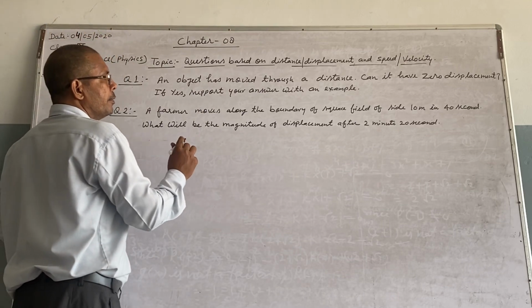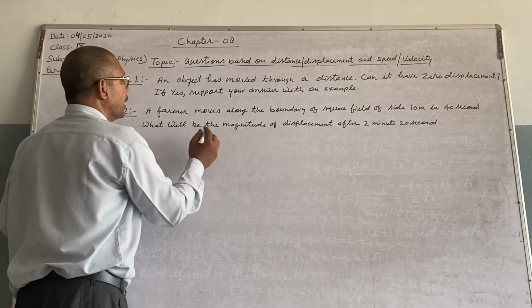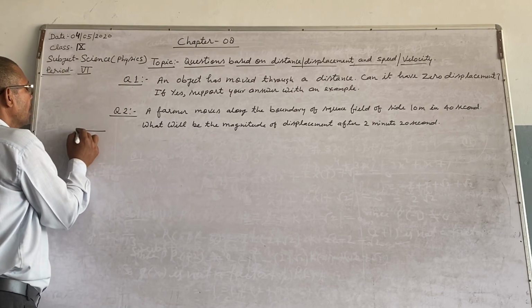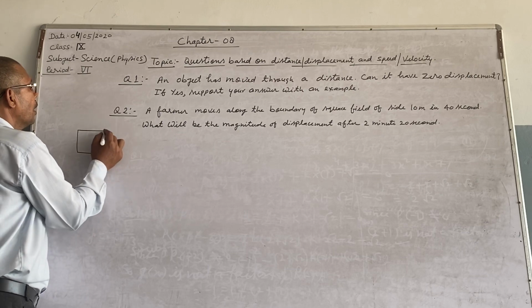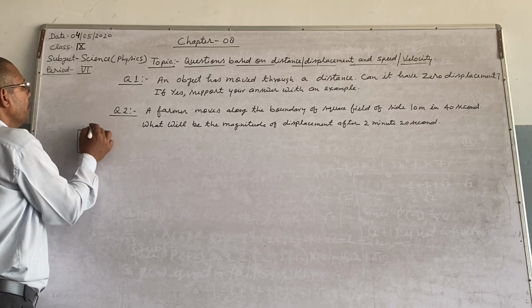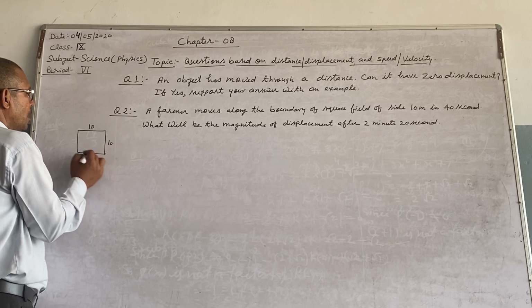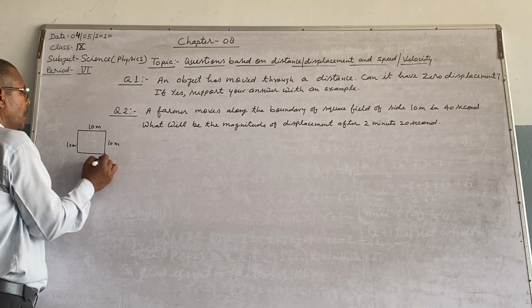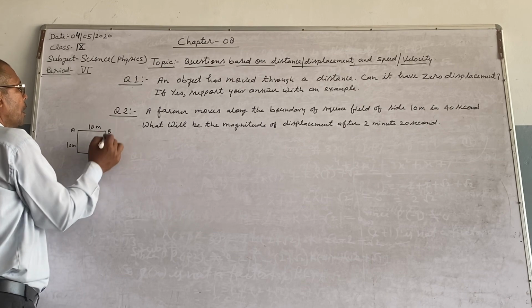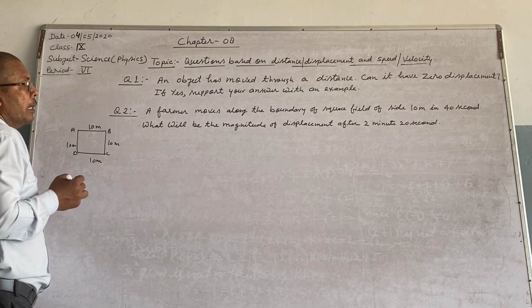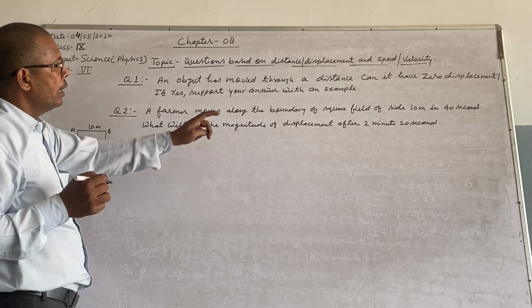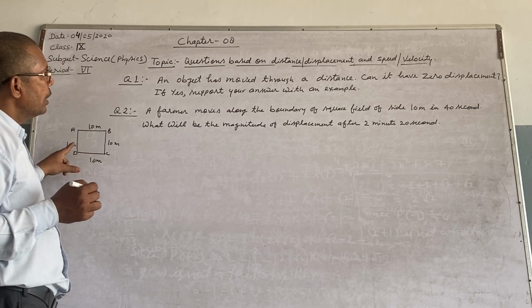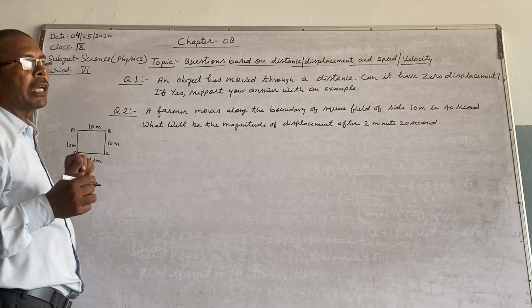Here you will see this is the square field, side 10 meter each. Here you have to calculate the number of rounds in 2 minutes 20 seconds.